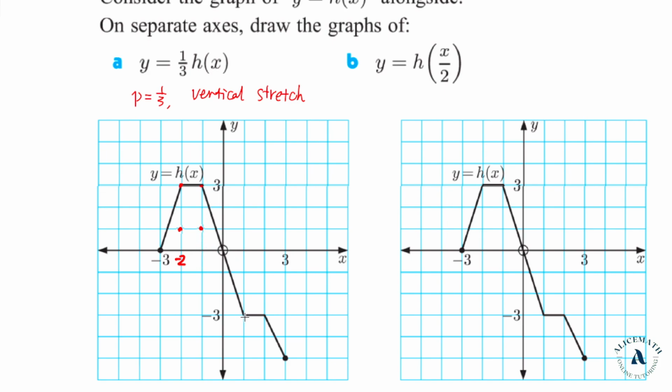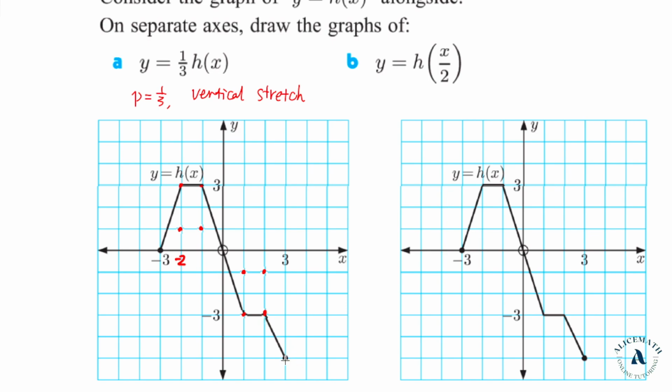Okay, now move on to the right side of the y-axis. Here, the vertical distance from the x-axis is 3 units, and we need to change it to 1/3 of it, so the point moves here, and this other point moves to here.